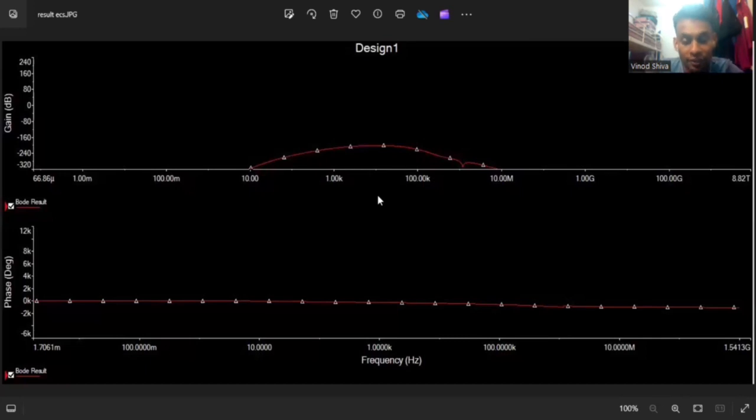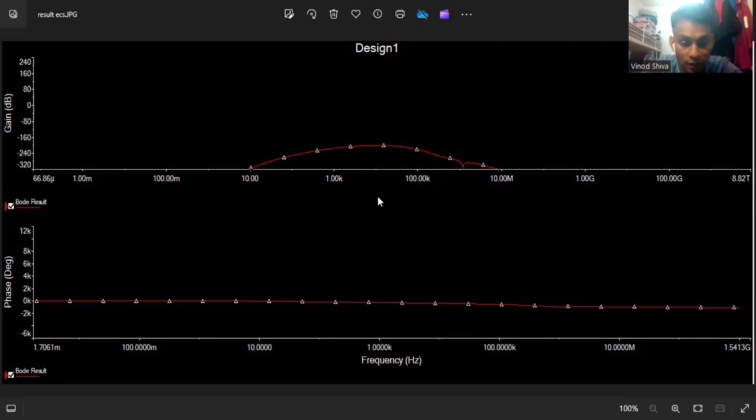Coming to the phase plot at the bottom, the y-axis is the phase in degrees, and the x-axis is the frequency. The vertical axis represents the phase shift introduced by the system in degrees. The phase shift measures how much the input signal is delayed or advanced in time as it passes through the system.